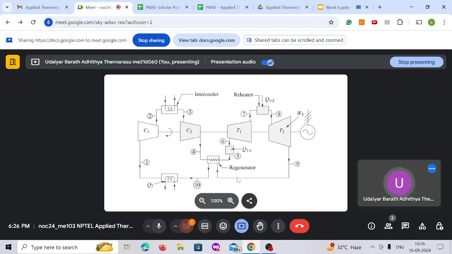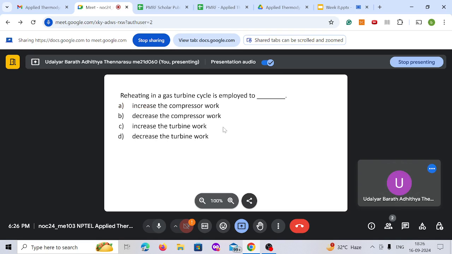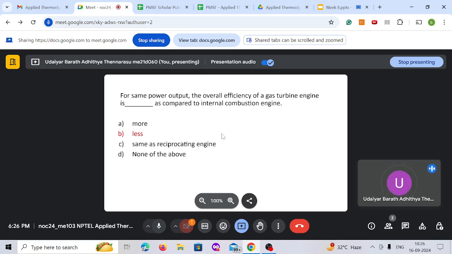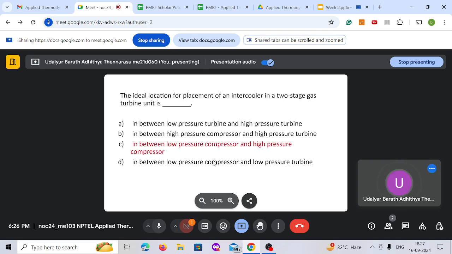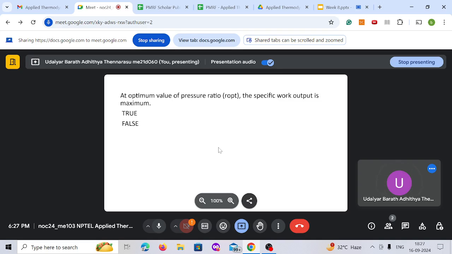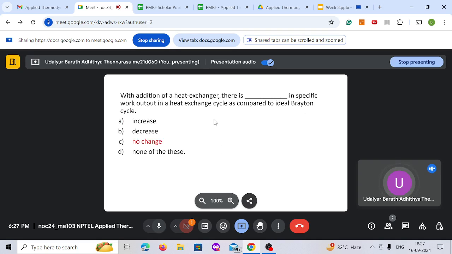Only the amount of heat being added is reduced by employing the regenerator. So this will affect the efficiency, but the net work output is not changed because of this. There will be a change in efficiency but not the work output. So the answer is no change.